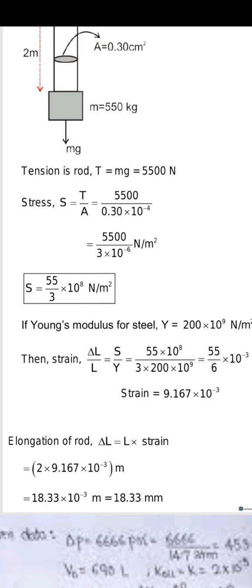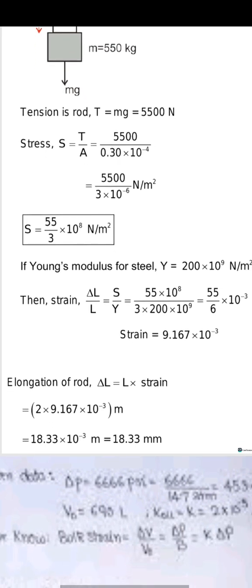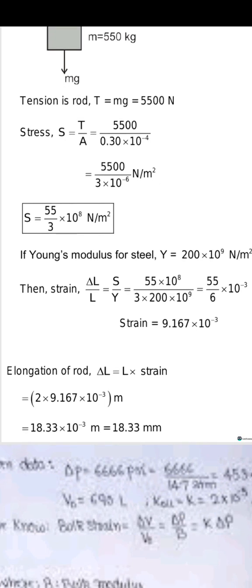So we'll make our change in length the subject of the formula, and therefore we'll have strain over Young's modulus. Okay, so we have delta L over initial L, which is equal to S over Y, where Y is Young's modulus and S is simply our stress.